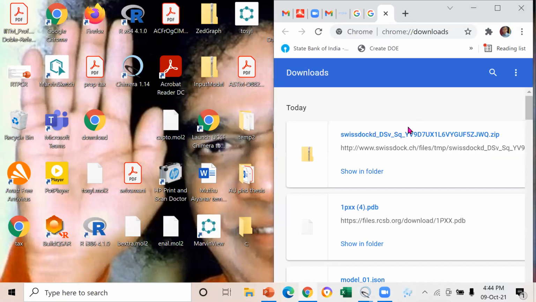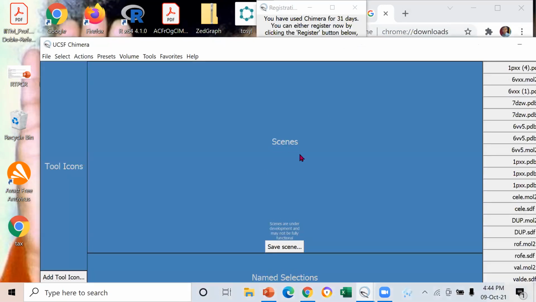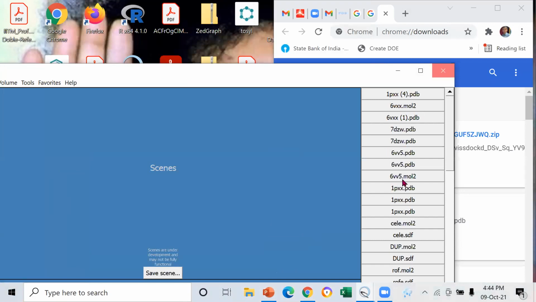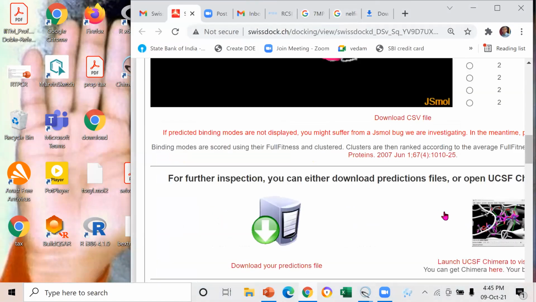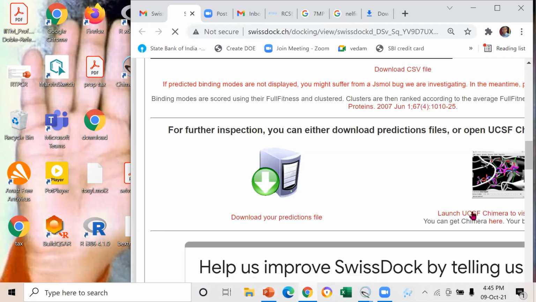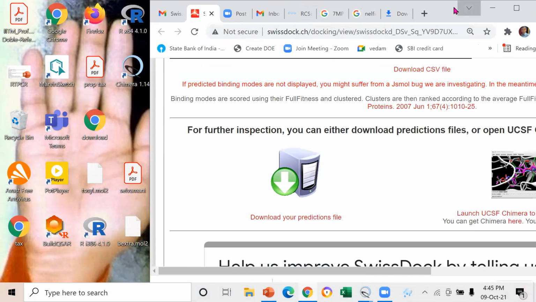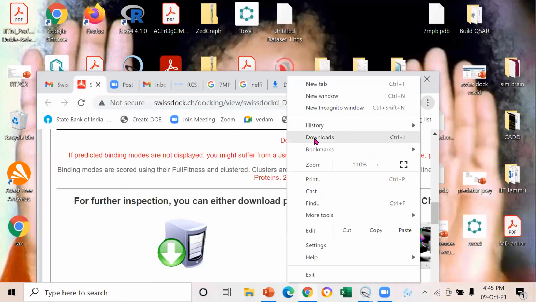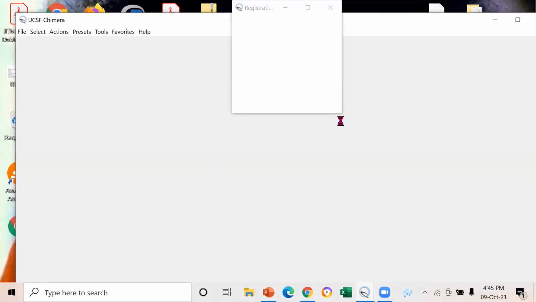Let's say the downloaded file, we can view the same file under UCSF also.